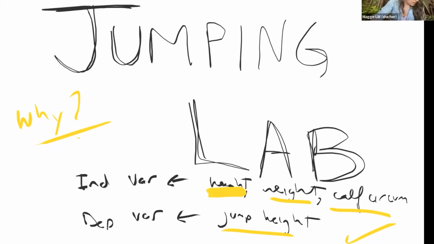What's another possible hypothesis? Go ahead. I predict that a person with a lower height to weight ratio will jump higher than those with a higher height to weight ratio because they have less gravity to fight against. So there you're going to want to be a little more explicit, because if you're going to use height to weight ratio, you probably want to specifically say BMI.